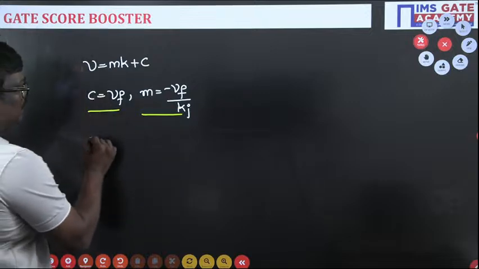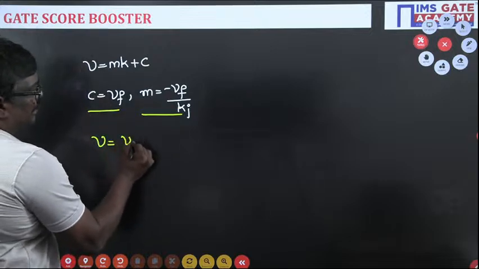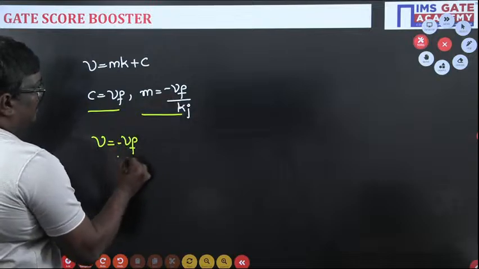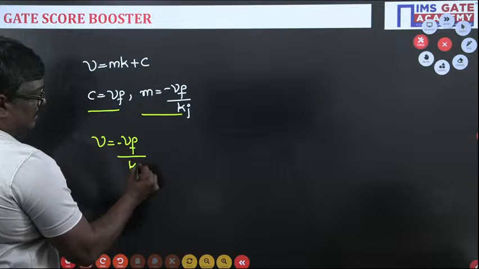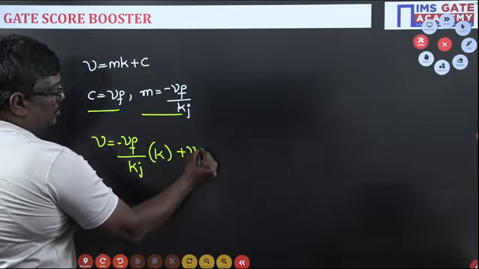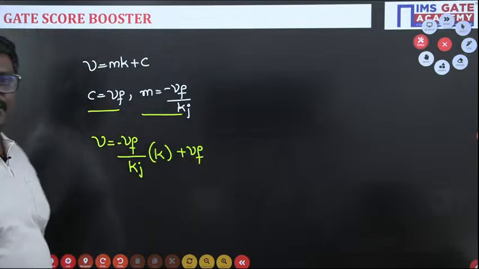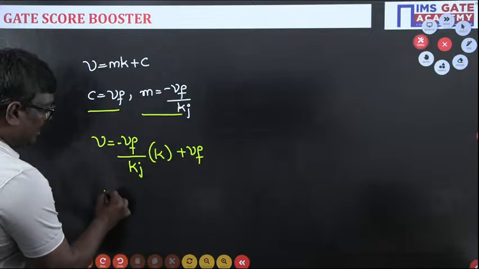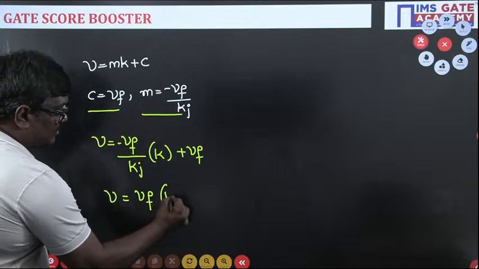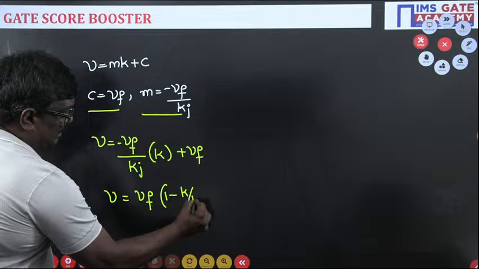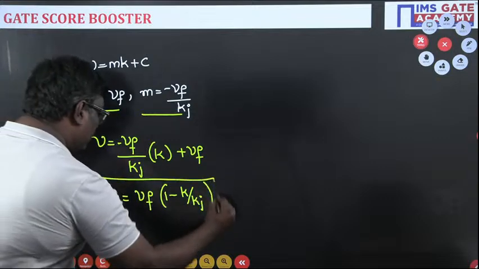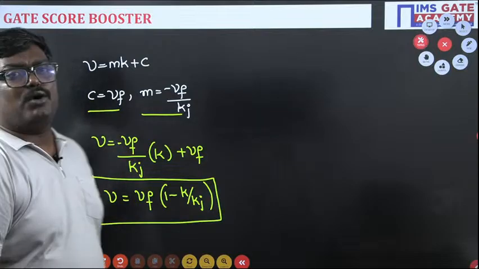So v is equal to vf into m, which is minus vf upon kj into k, plus vf. Okay. So my dear students, if I take vf common, this can be written as 1 minus k upon kj. So here v is equal to vf into 1 minus k upon kj.